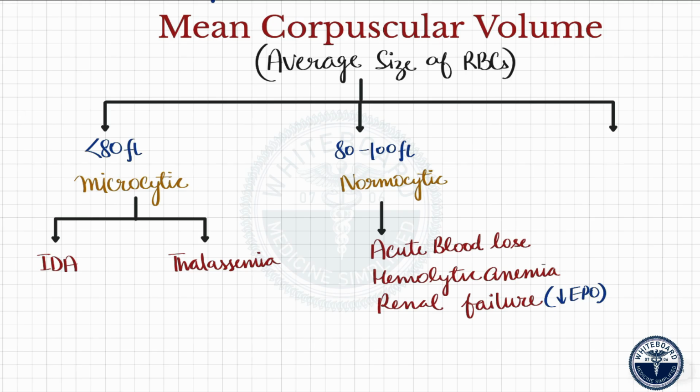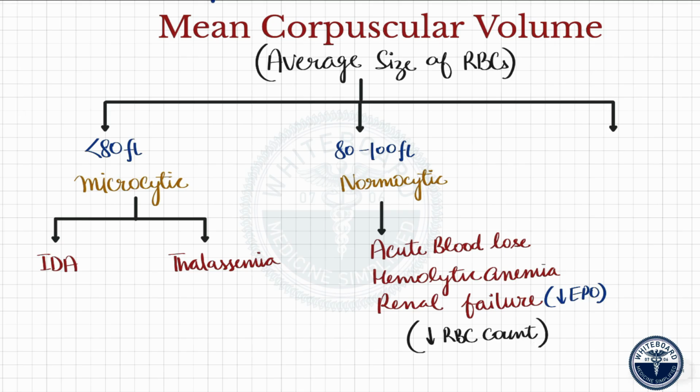And also in renal failure, the kidneys cannot produce enough erythropoietin, the hormone that signals the bone marrow to make red blood cells. So the bone marrow produces fewer cells, but their size remains normal. In all these conditions, the issue is not the size of the red blood cells, but the reduced number of them, which is why the anemia appears normocytic.